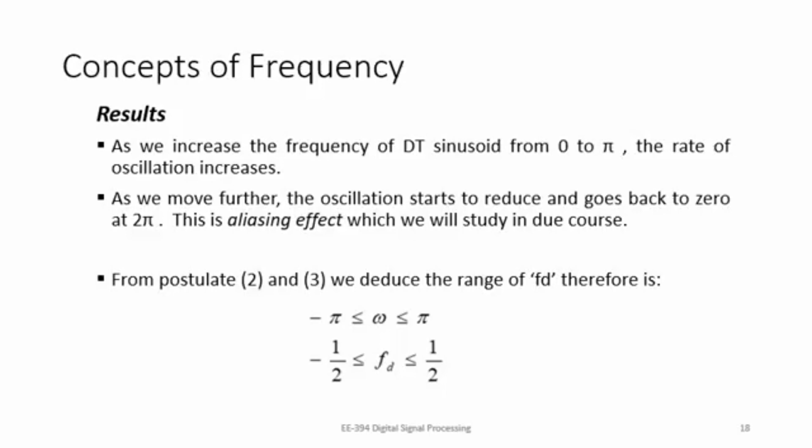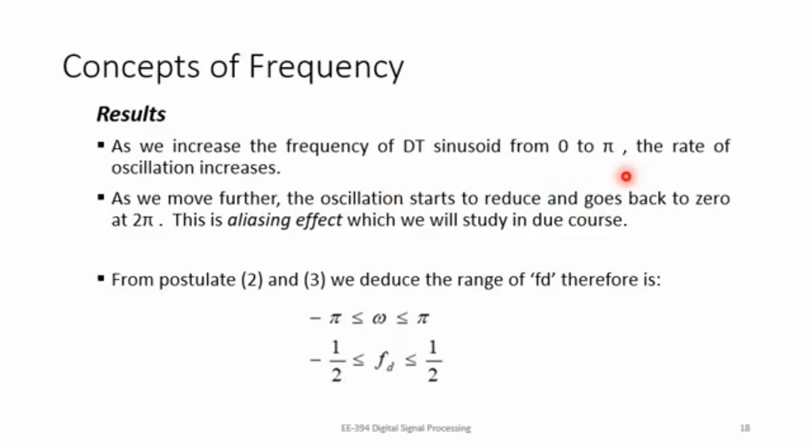Okay, to conclude the observations and results we deduce from studying the three postulates of discrete time sinusoids, we come down to this: as we increase the frequency of a discrete time sinusoid from 0 to half, this is pi because here it is in terms of omega.